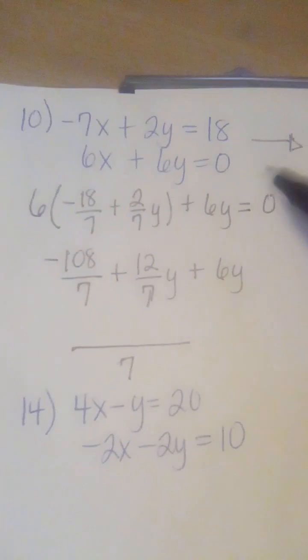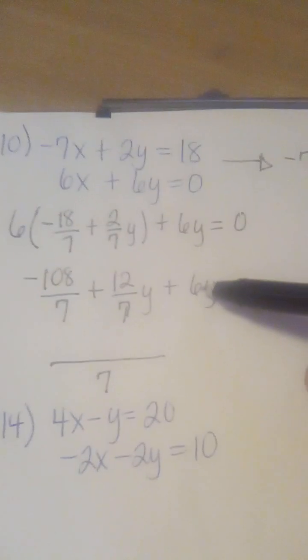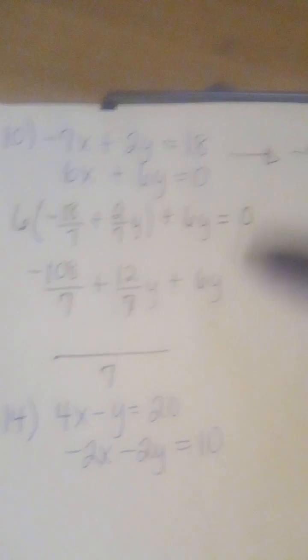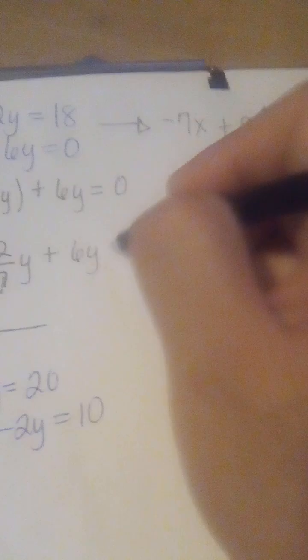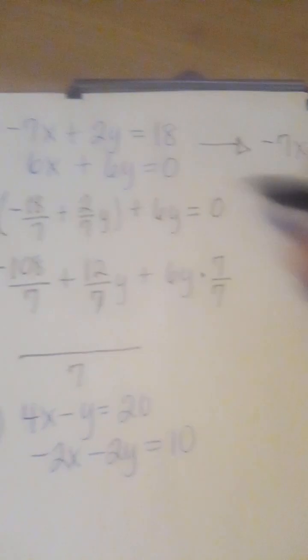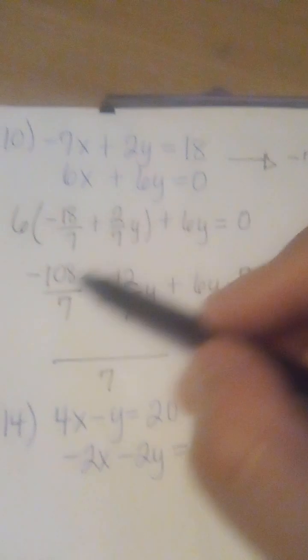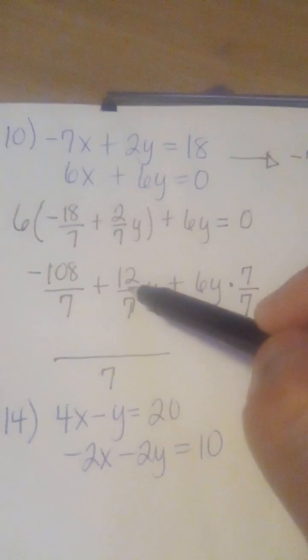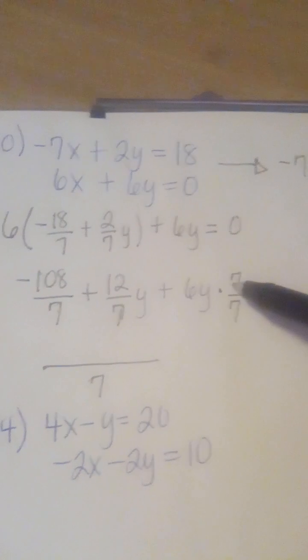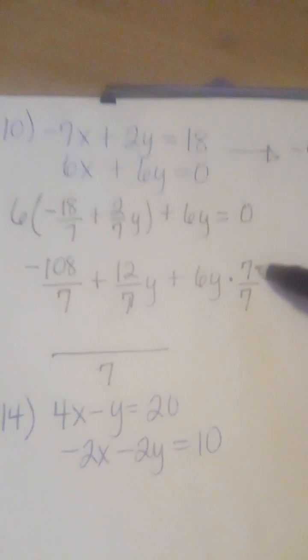Then we had to put 7 right here, so we had to multiply 7 on the other side of the equation. It's a little messy, but it's okay. So I have negative 108 plus 12, whatever is right here. So what's 6 times 7? It's 42, right?